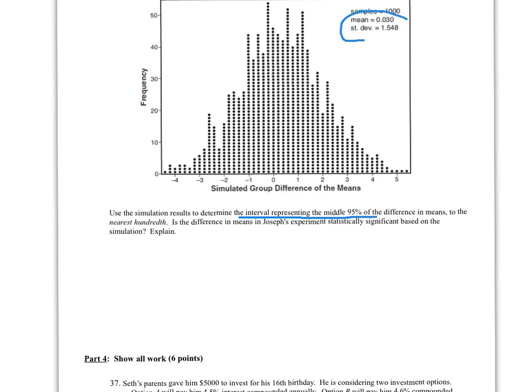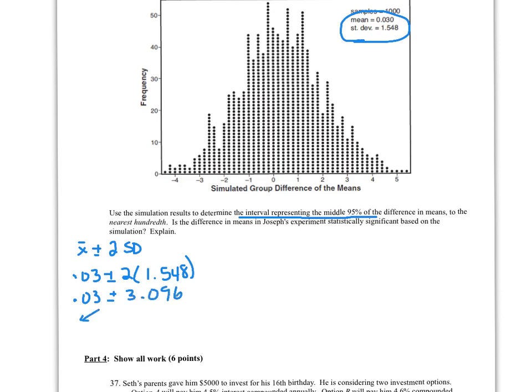Well, here we have the mean and we have the standard deviation. So all we're going to do is the mean plus or minus 2 standard deviations. So we're going to do 0.03 plus or minus 2 times 1.548. Okay, so that's going to be 0.03 plus or minus 3.096.